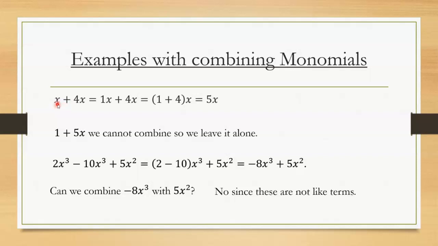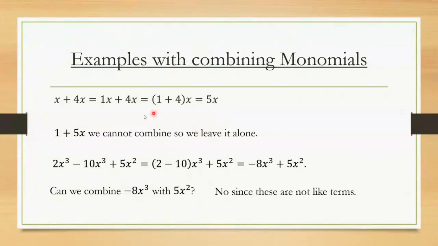Now, as I just said, x is the same as 1 times x, because the coefficient of 1 we don't write. So we get 1x plus 4x. We add the coefficients together, and we get 5x. The degree does not change. The exponent of x, leave it alone.